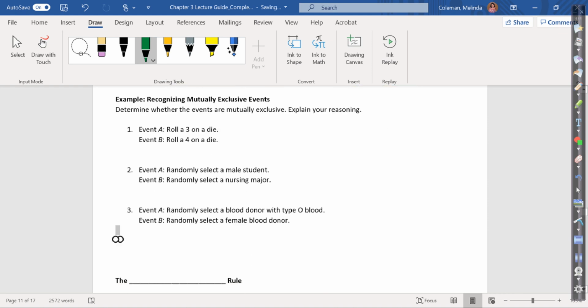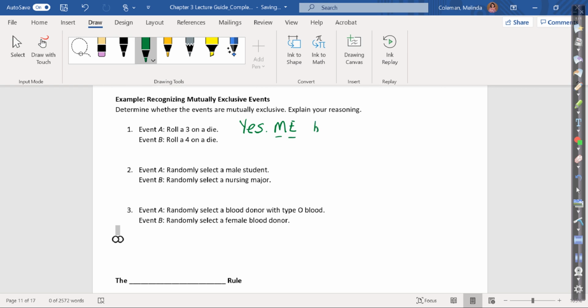Well, let's see. Determine whether the following events are mutually exclusive and explain your reasoning. So event A says that we're going to roll a 3 on the die, and then event B says that we're going to roll a 4 on the die. So are these mutually exclusive? And the answer in this case would be yes. They are mutually exclusive.